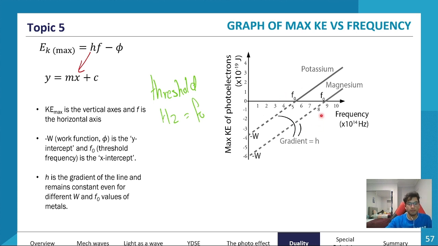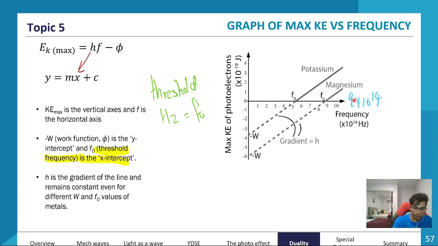And for magnesium, same thing, but instead of 5, the threshold frequency is 9 times 10 to the 14. So your light has to have more frequency than this to actually emit photoelectrons.